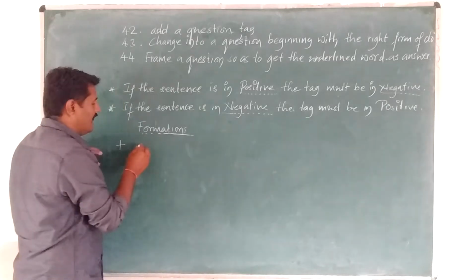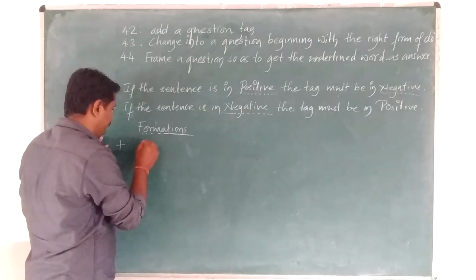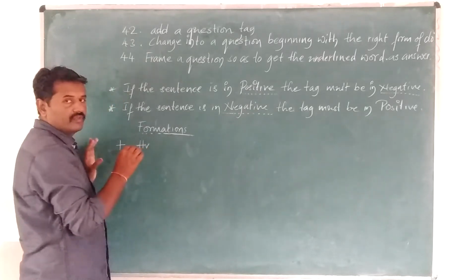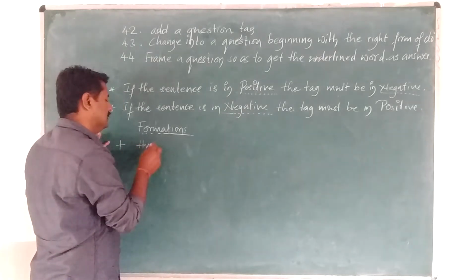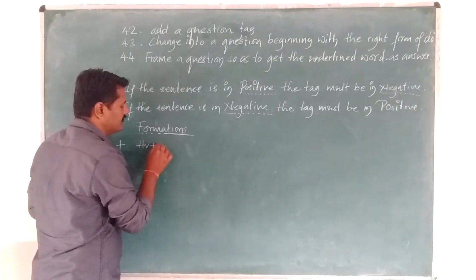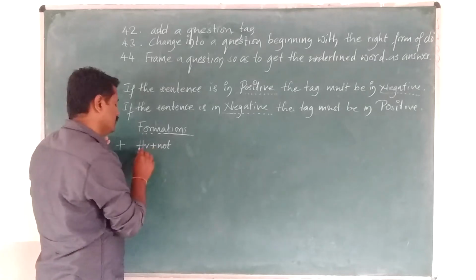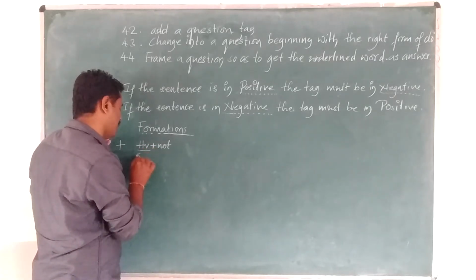So the tag has first a helping verb, then it has not. This helping word begins with a small letter.